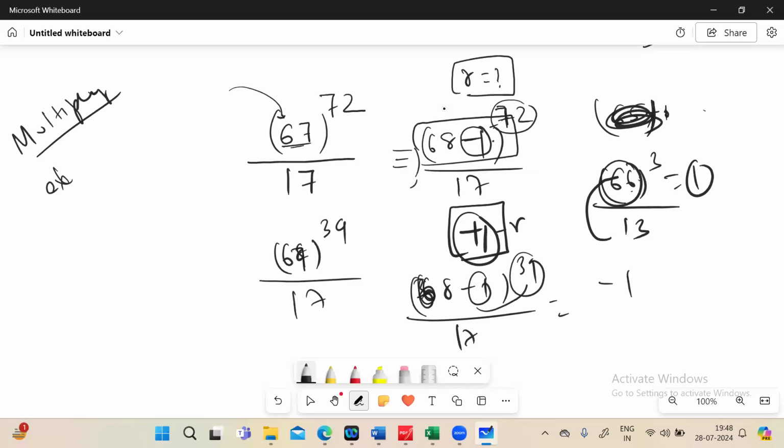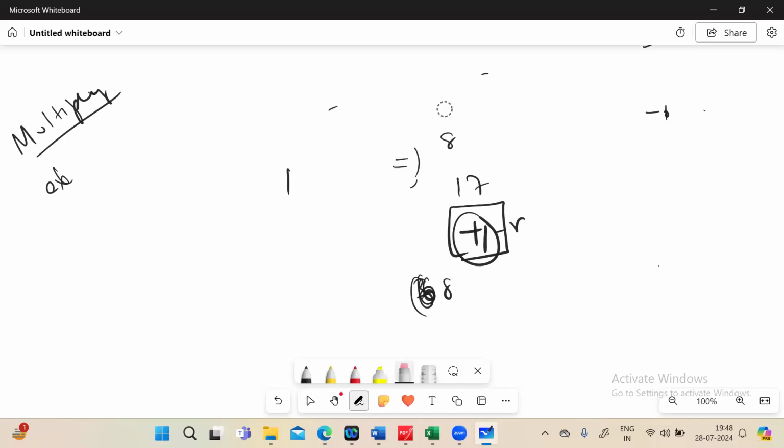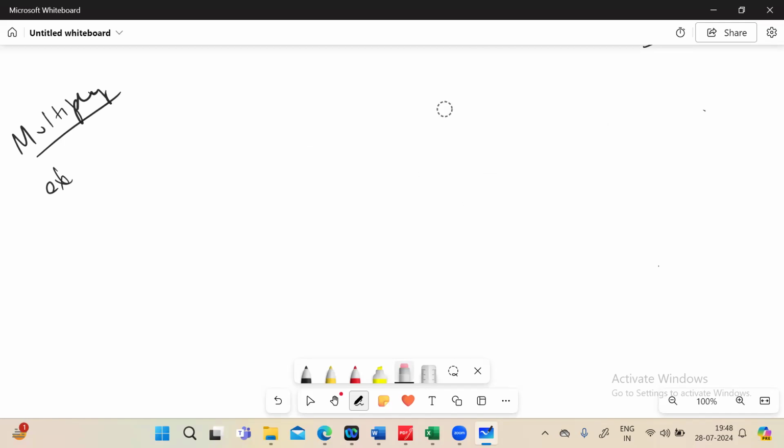It will be minus 1 only. And this is 17, and you don't have to keep writing this. This will be your remainder. So basically how we calculate remainders of any power will be based on this logic only. Although the type of questions may vary, the complexity may vary.